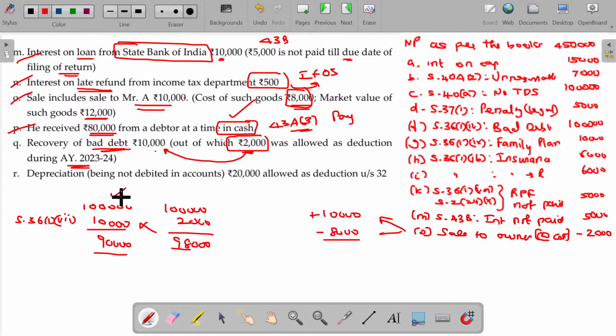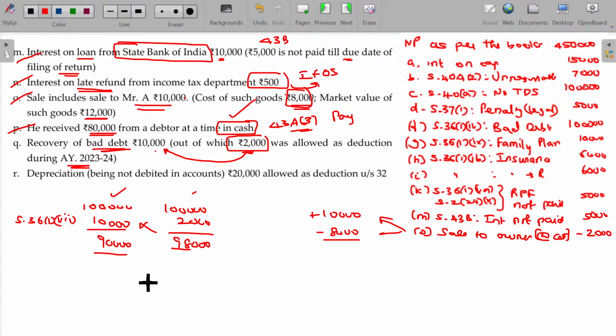Now what happens, we recovered this bad debt, which we showed in our books, we got this back completely. To the extent bad debt was claimed, on recovery it will be income under section 41 clause 4, deemed income. Balance 8,000 was already not claimed as expenses.